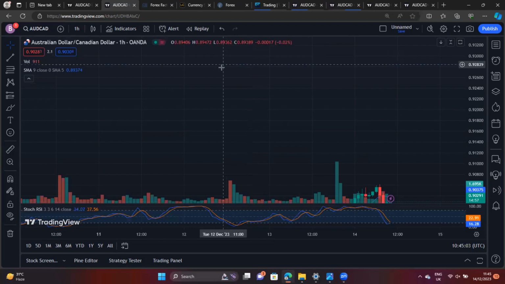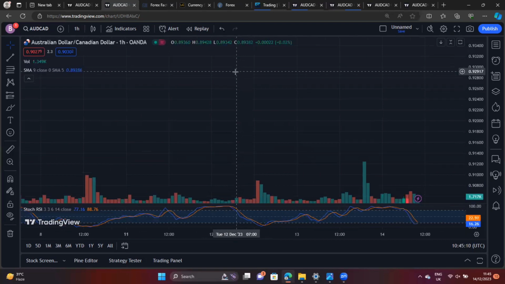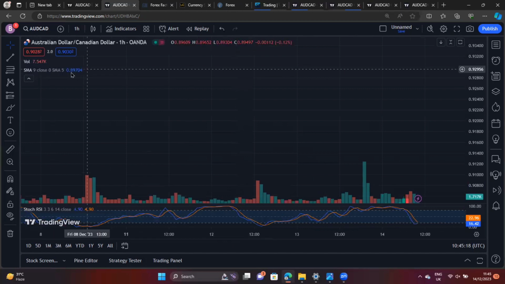For further understanding of the trending market, we're still on the trending market. We will talk about support and resistance as a branch concept in a trending market. We'll talk about support and resistance today.